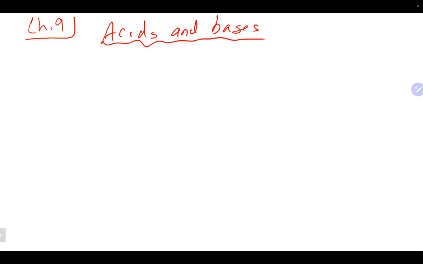So last time we got into this chapter and really a couple definitions of acids and bases that we talked about. First off, an acid is anything that can produce H plus or H3O plus, free floating there on the product side of the arrow.